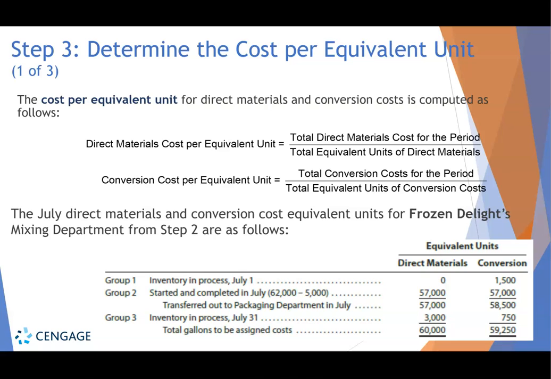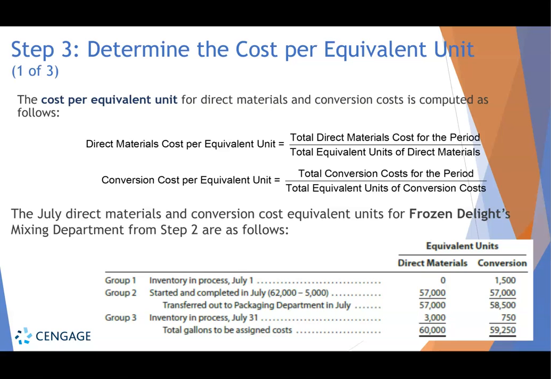Remember, the direct materials were already added the previous month, so 0 for direct materials, 1,500 for conversion costs. That Group 2 started and completed, we've got 57,000 for both.